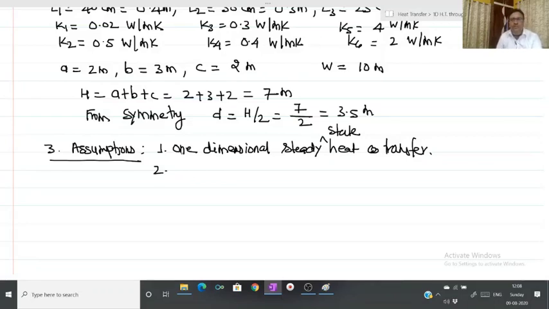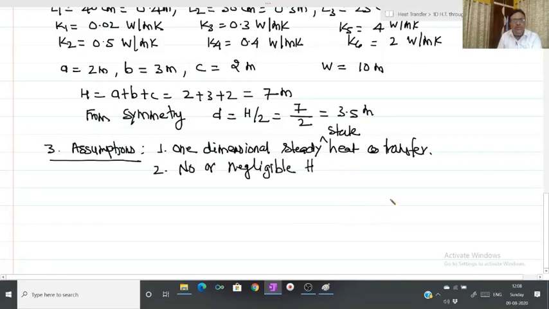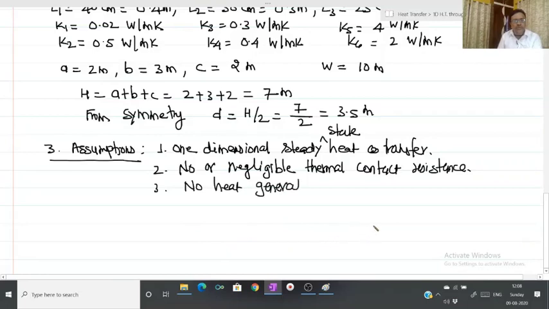The problem does not talk about thermal contact resistance, so we are going to neglect it, assuming negligible thermal contact resistance. Number three, I am not going to consider any heat generation within the wall.